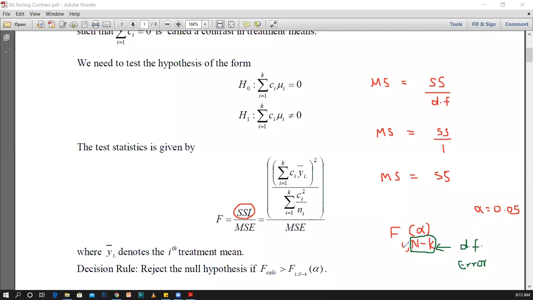It is because if you are defining a contrast, then the degrees of freedom of a contrast should definitely be equal to 1. This is one point you have to keep in mind. That is why we take this critical value as F with 1 and n minus k at the given significance level alpha.